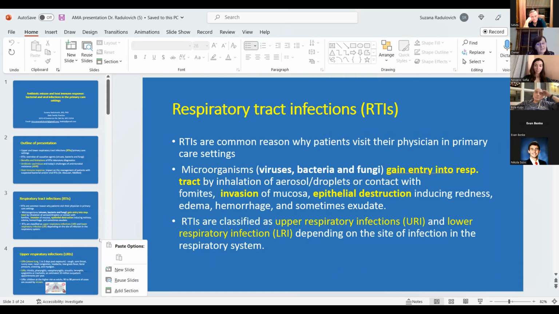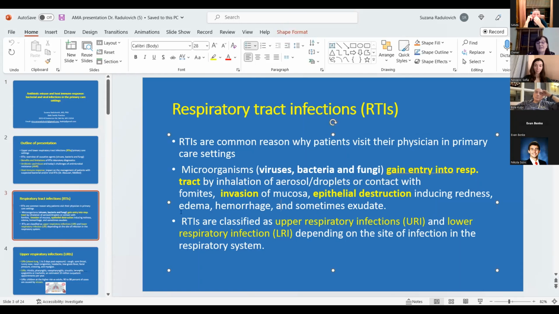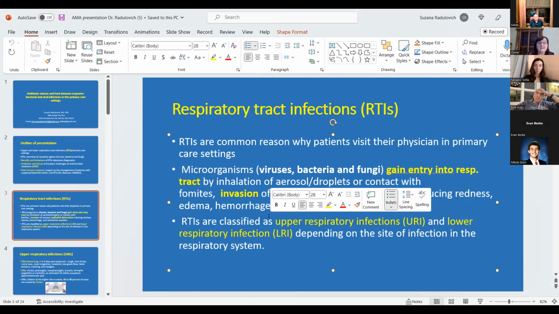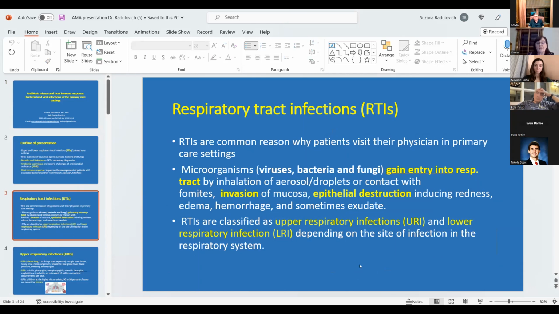The mechanism of entry is through inhalation of aerosol or touching a contaminated surface, and then the microorganism invades the mucosa and causes epithelial destruction. Clinically, we have edema, hemorrhage, and sometimes exudate. For all of the students here, we classify RTIs clinically into upper respiratory and lower respiratory infection, depending on the site of infection in the respiratory system.